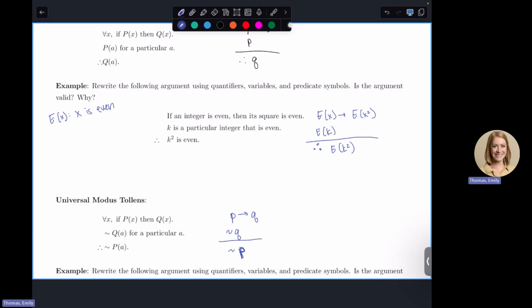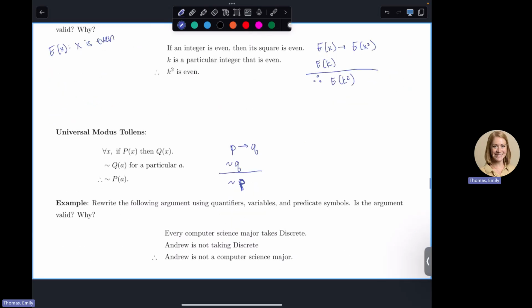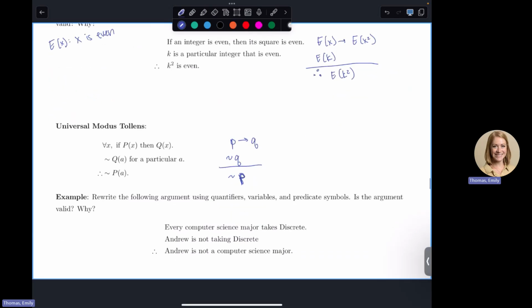Okay, so we're going to write this one and decide if it's valid. Every computer science major takes discrete. Andrew is not taking discrete.